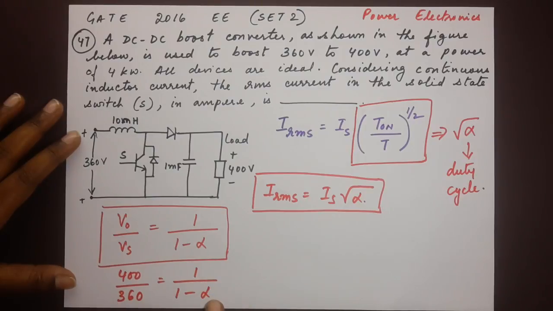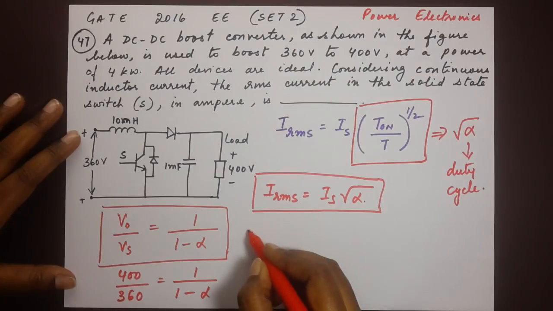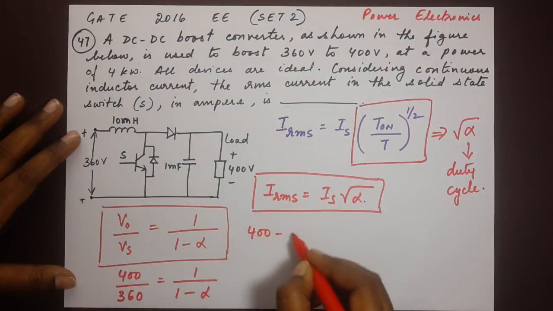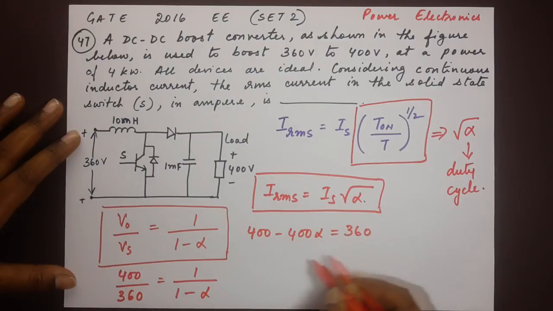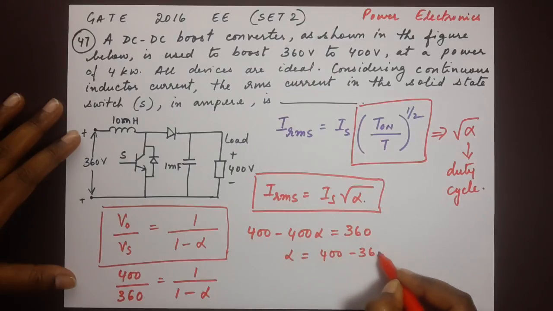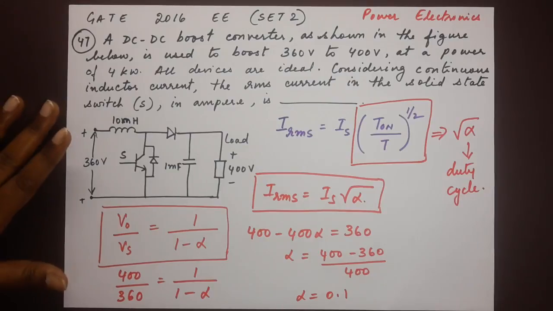From here we can solve and find out what alpha is. We get 400 minus 400 alpha is equal to 360. From here alpha is equal to (400 minus 360) divided by 400, that gives us 0.1. So, here we now have the duty cycle value 0.1.